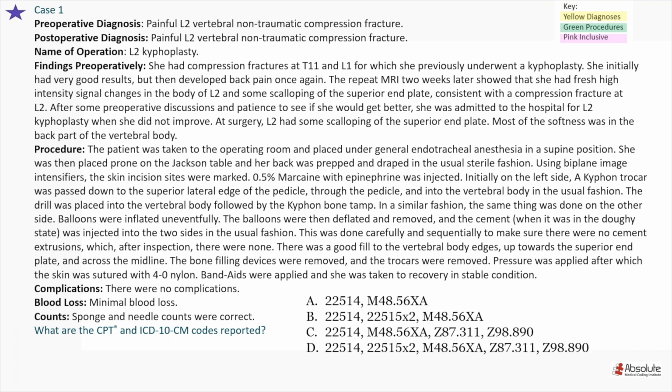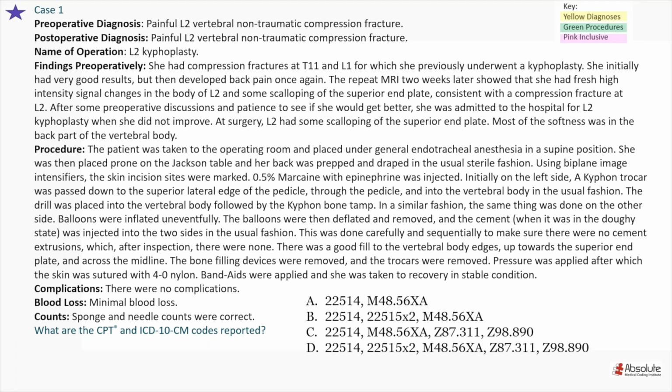Here we go. What are the CPT and ICD-10-CM codes reported? A, 22514, M48.56XA. B, 22514, 22515 times 2, M48.56XA.